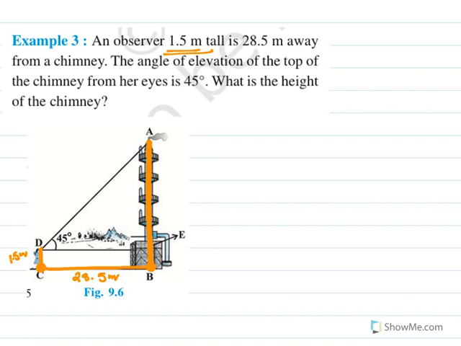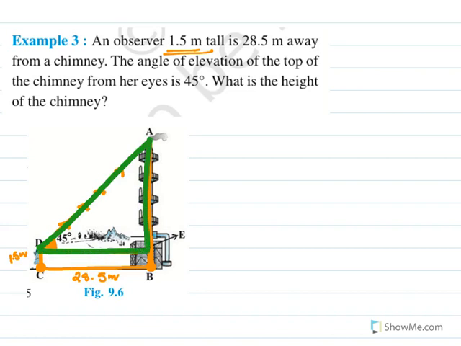To draw the angle of elevation, first I must draw the horizontal. At the eye, this is the horizontal here, and here is the line of sight. This angle is 45. I must find the height of the chimney. So I'm going to take the triangle ADE.